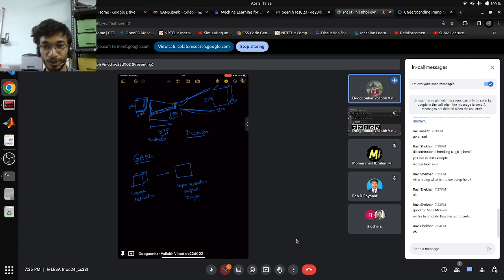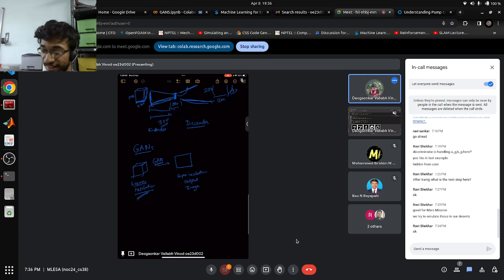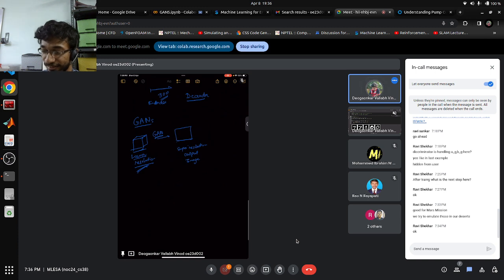So basically you are adding more details to this real image which are not present in it. So you are putting a GAN network here. What this GAN network is trying to do is generate more details into your picture. So you first generate a huge data set of poor resolution images and super resolution images.